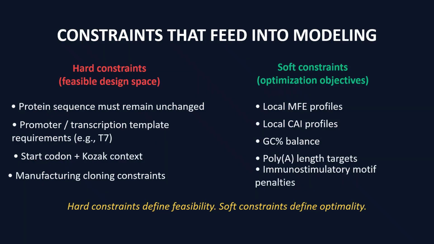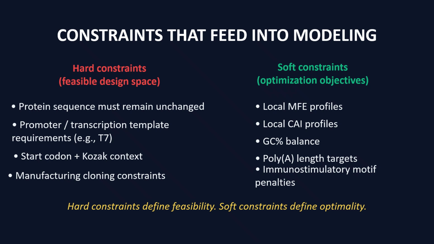When you are designing a therapeutic RNA, you are not searching an unconstrained space. Some constraints define what's even physically or biologically possible. These are hard constraints, things you basically cannot change. The protein sequence must remain unchanged. The transcription template must be valid. Translation has to initiate properly. You cannot change these.